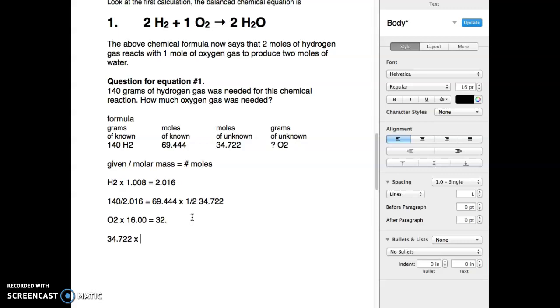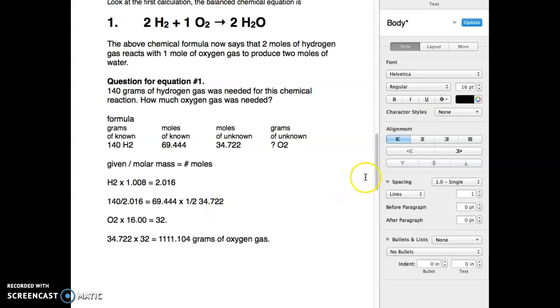You don't have just 1 mole, you have 34.722. So you have to take the 34.722, multiply it by 32, and that will give you how many grams? 1111.104, round it to the 4th, grams of oxygen gas. That's how you do number 1.